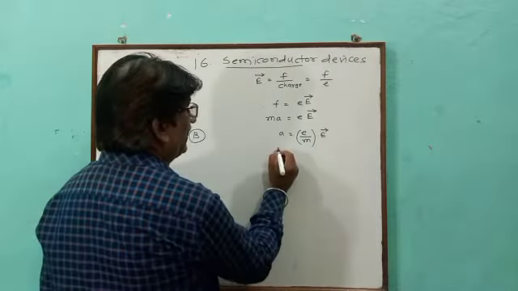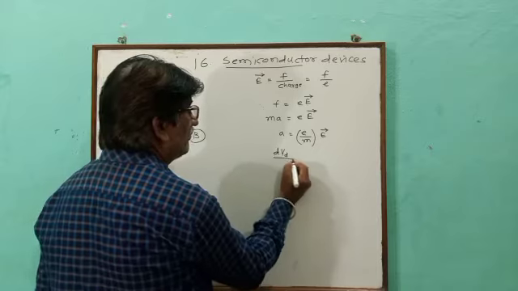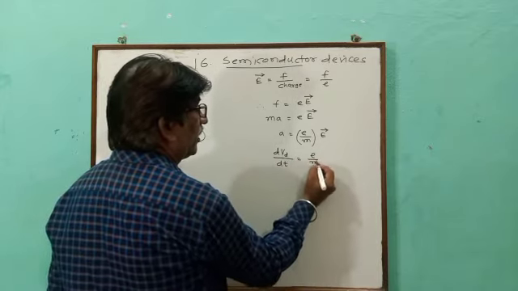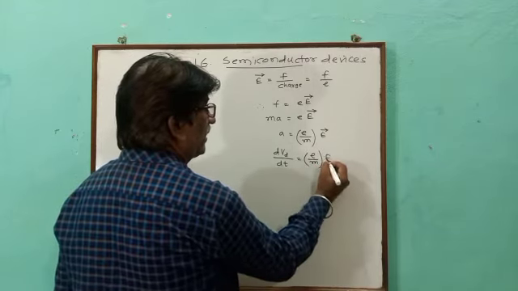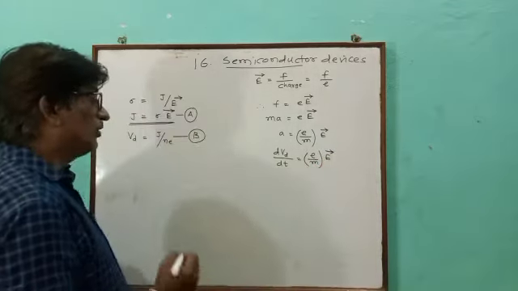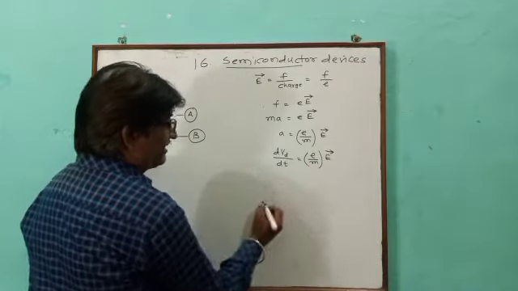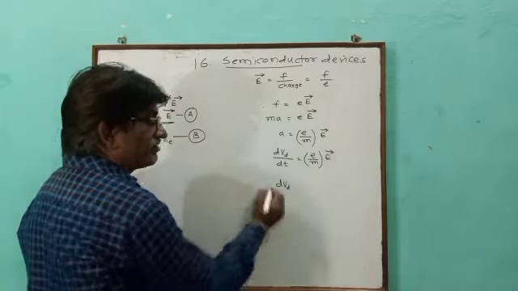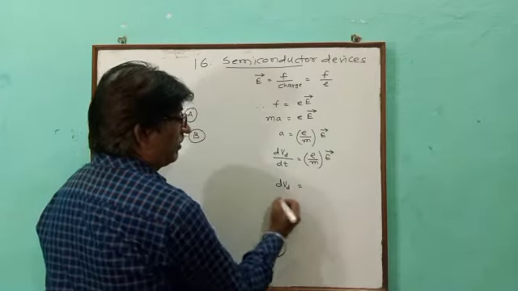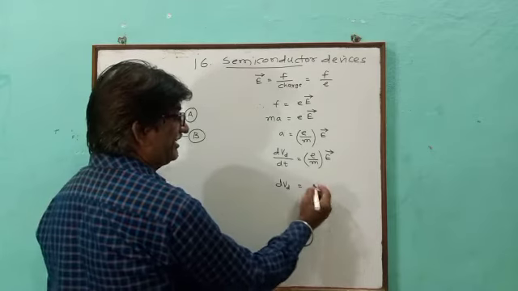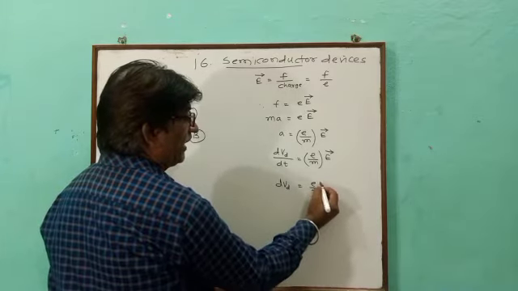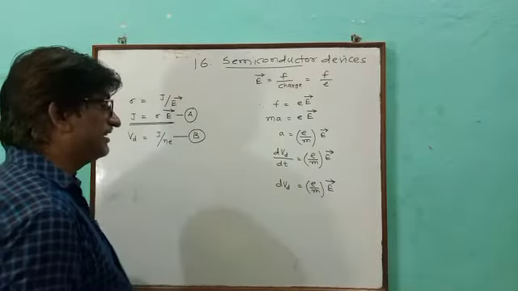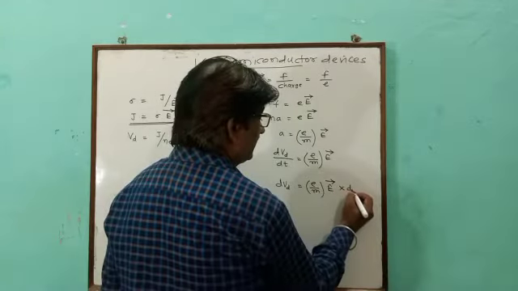So the rate of change of drift velocity with respect to time is equal to e upon m into vector E. If we rearrange, d of drift velocity is equal to e upon m into vector E multiplied by dt.